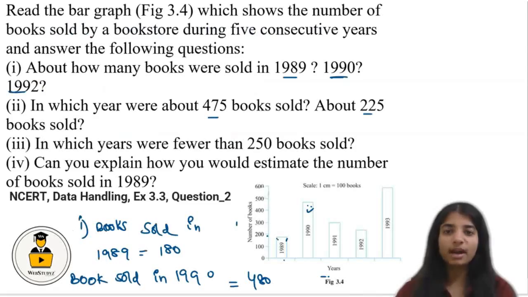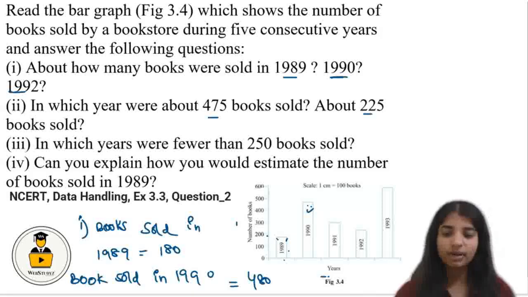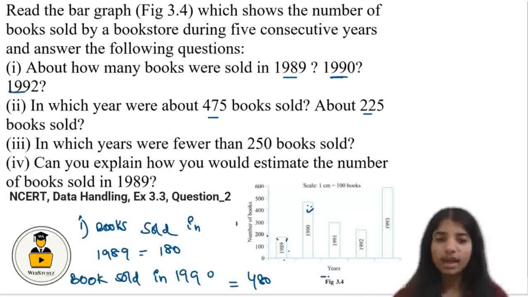Now let's discuss the part 3, which is in which year were fewer than 250 books sold. So we have to find out the year in which less than 250 books are sold. So here, if you look, in the year 1989 there are 180 books which are sold, and in the year 1992 there are approximately 225 or 220 books which are sold.